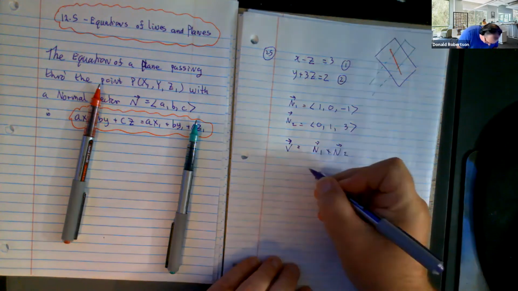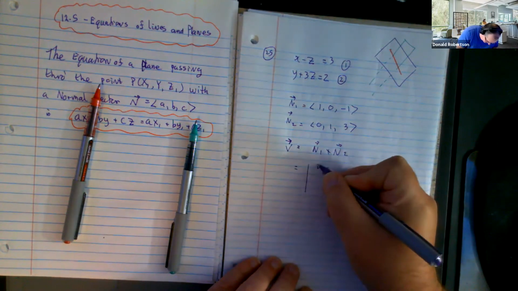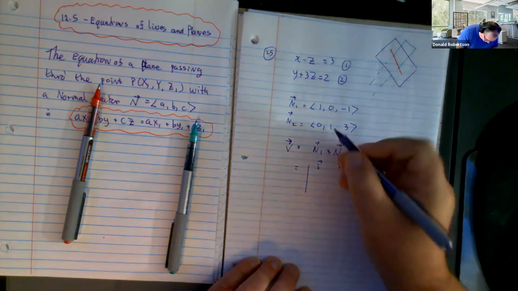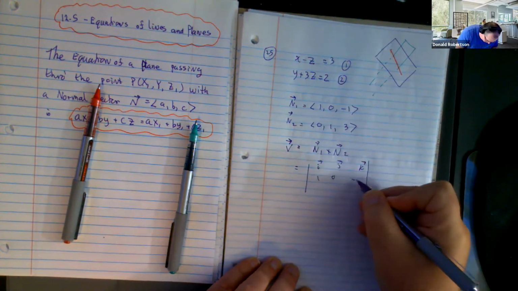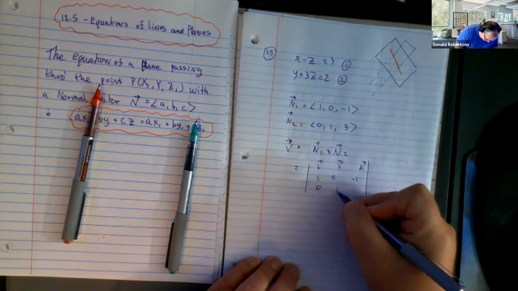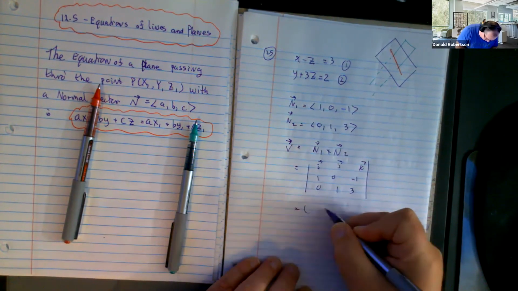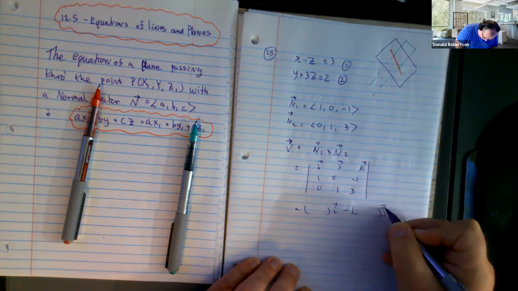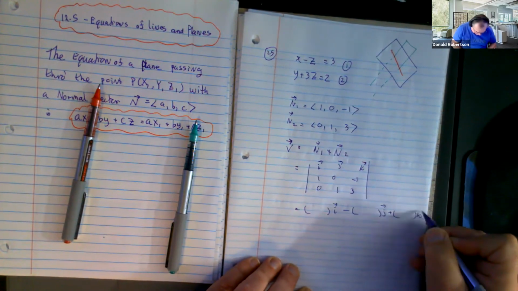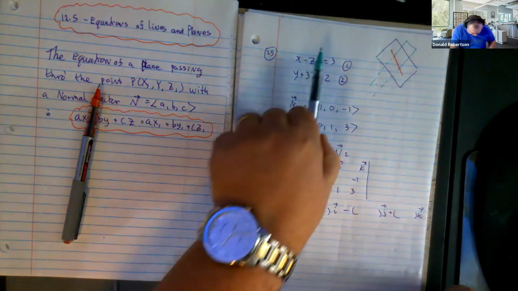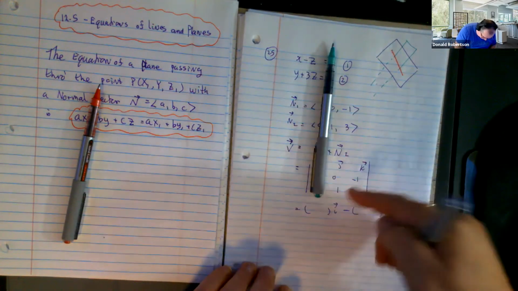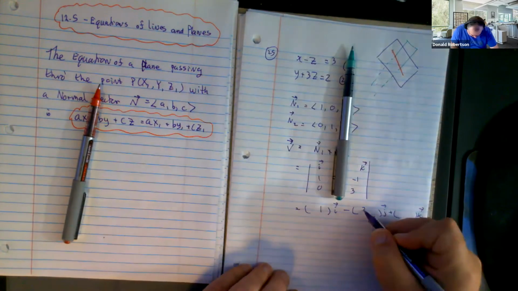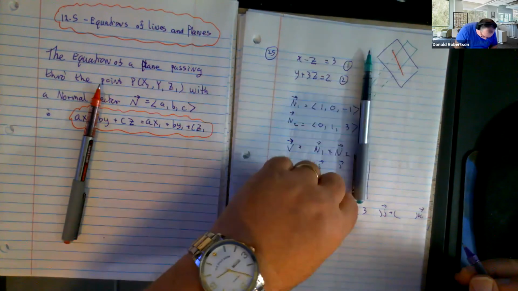So this is going to be i, j, k, 1, 0, -1, 0, 1, 3. So many i's, take away so many j's, plus so many k's. 0 take away -1 gets you 1. 3 take away nothing gets you 3. 1 take away nothing gets you 1.